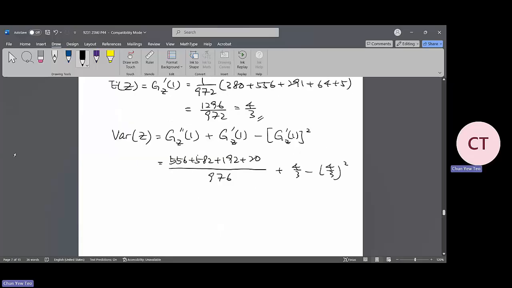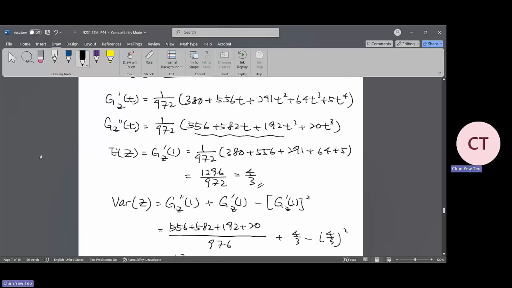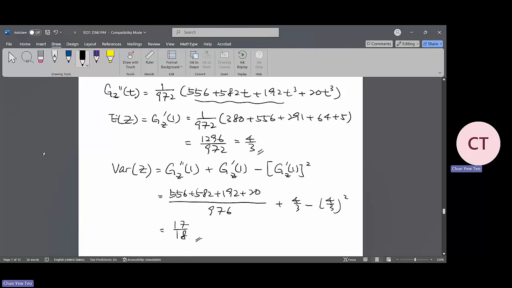Just use the calculator and you can get this answer simplified directly. You will get 17 over 18. So this will be the answer for the variance, and this is the answer for question number 5C.